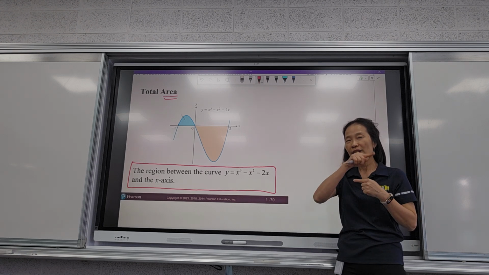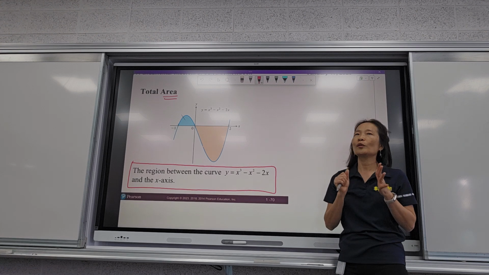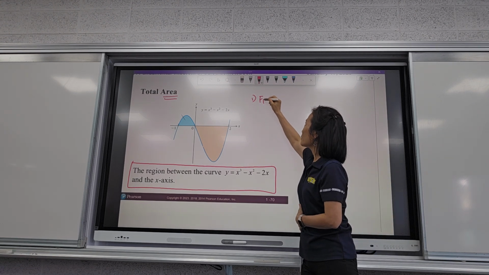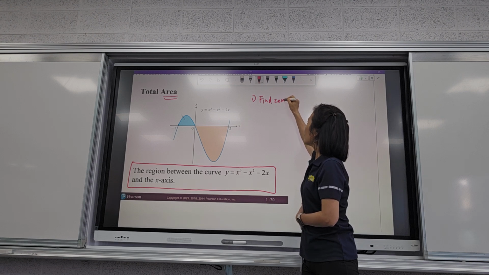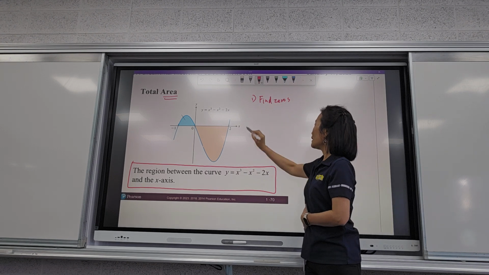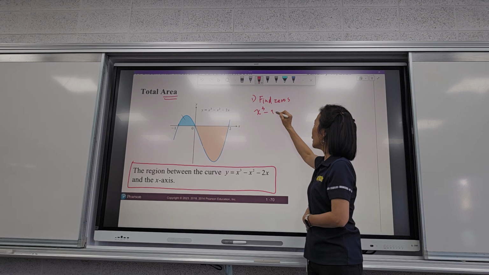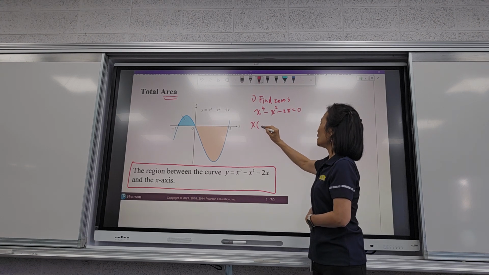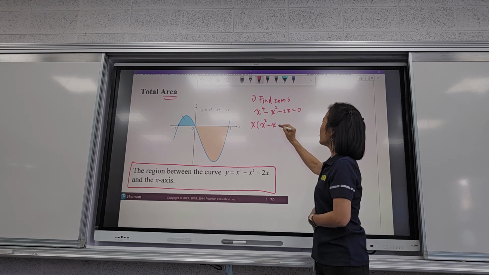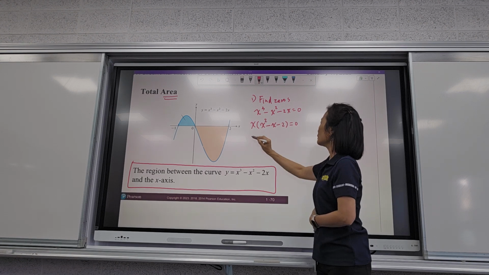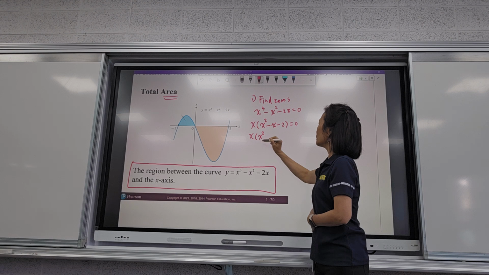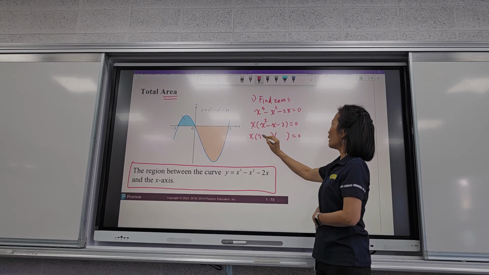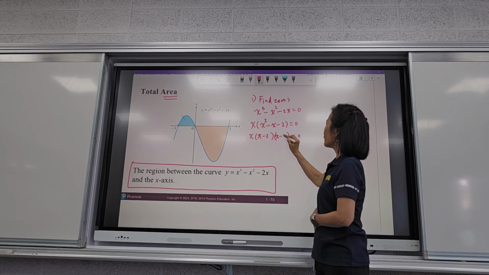Find the zeros. Where do they intersect? Right? You need to be able to graph actually. So number one, can we find zeros? By setting x cubed minus this. Okay, factor. X minus 2 plus 1.